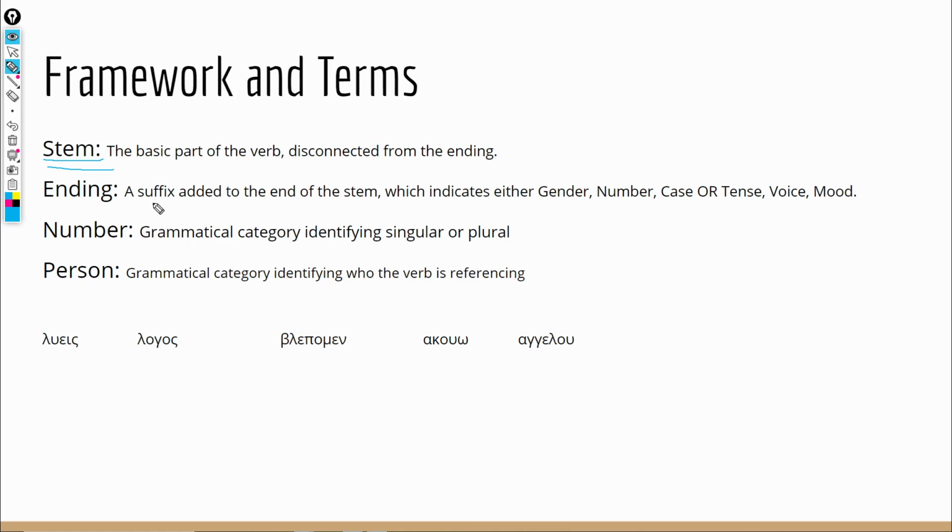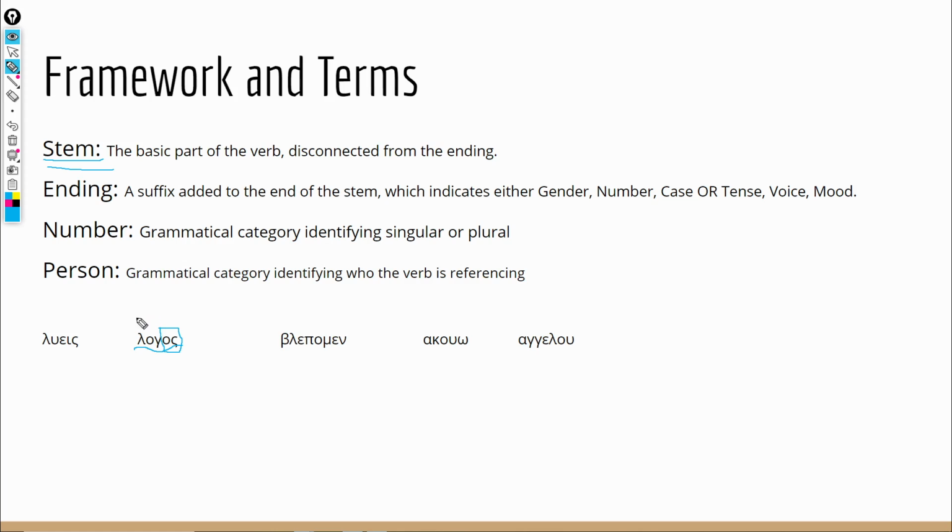All right. So, for example, if we look down here, you've probably seen or heard this word logos. If we were to cut off the stem, we would draw a line right here. We can see that os ending that you've seen quite a few times now.